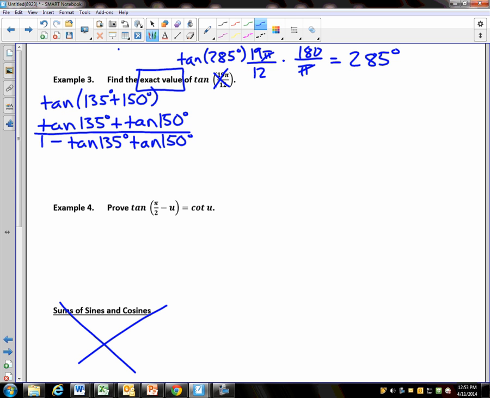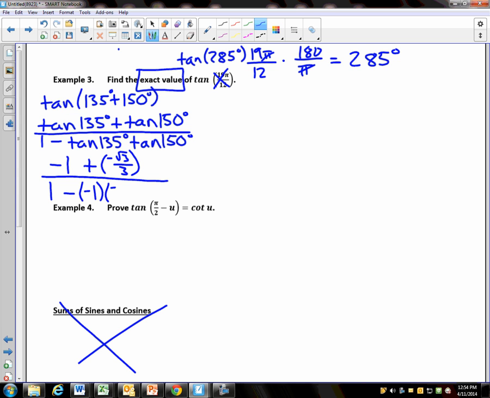Now let's make our substitutions. What is the tangent of 135? Negative 1. What is the tangent of 150? We already said that the tangent of 135 is negative 1.